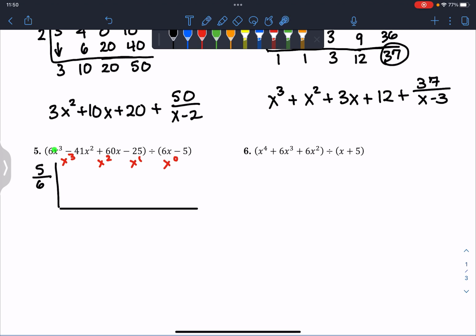Well, x to the 3rd power, the coefficient for that is 6. X to the 2nd, the coefficient is -41. X to the 1st power, the coefficient is 60. And x to the 0 power, which is your constant, that coefficient is -25.